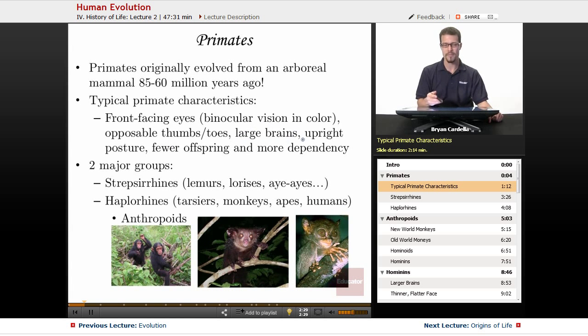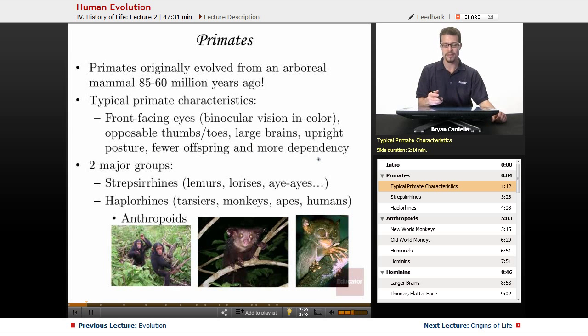Large brains. Compared to other mammals, we have a bigger brain-to-body ratio in terms of mass. Upright posture is very common. You can see a lot of primates ambling around on just their hind legs and not having to always put pressure on their front legs.